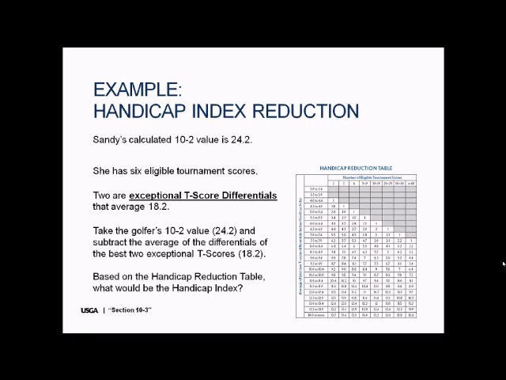We take the golfer's 10-2 value, which was 24.2, and we're going to subtract the average of the differentials of the best 2 exceptional tournament scores, which turns out in our case to be 18.2. We know this is a difference of 6. There's a handicap reduction table that is found in the USGA handicap system that we can reference to see what the reduction will be, or if there will be one.